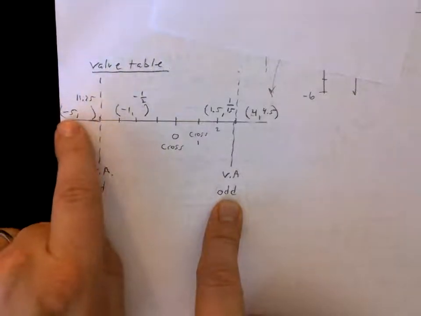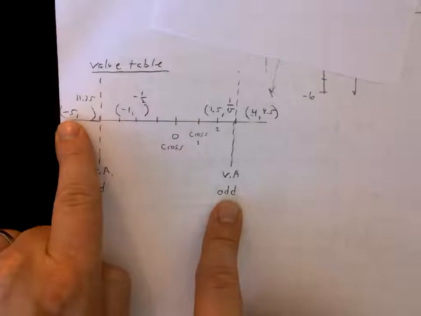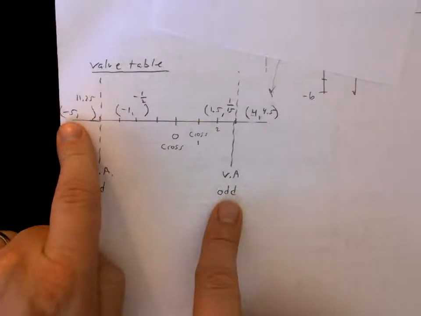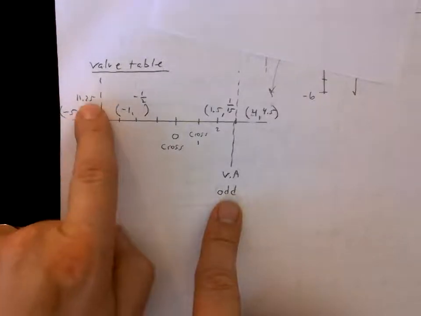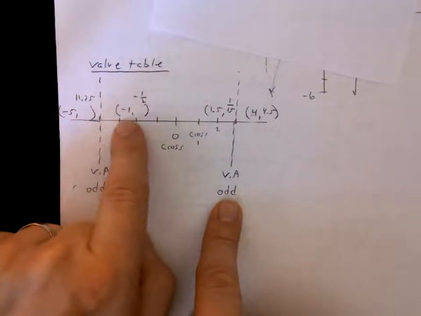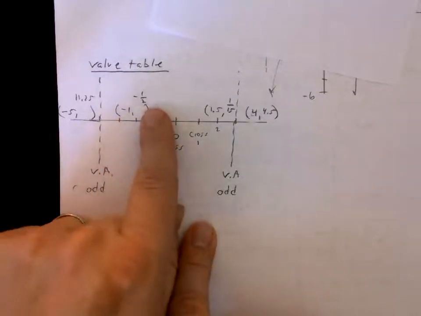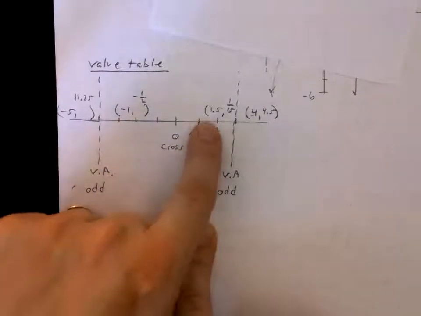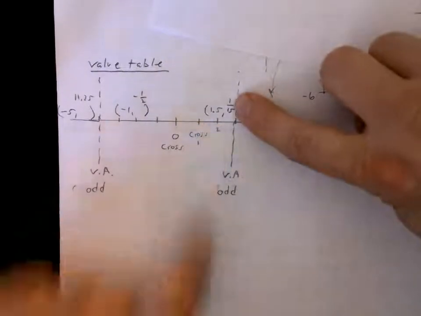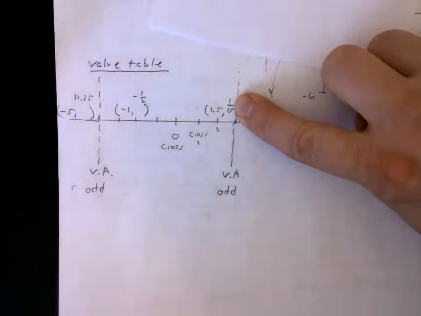So I'm going to pick -5. If I put -5 back into my original function, I get 11.25. If I take -1, because that's not on my function, I get -0.5 out of it. If I put 1.5, I get 1/15.